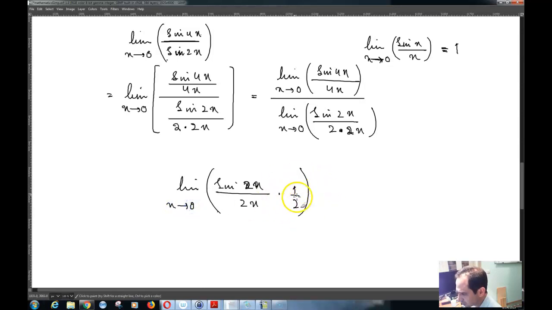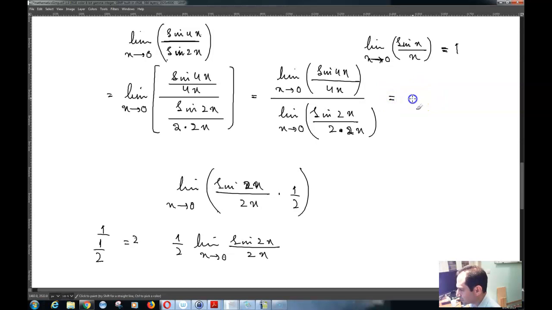This is a constant, you can take it out, meaning that you can write it as 1/2 the limit of sine 2x over 2x as x tends to 0. Now since this 1/2 is in the denominator, it's the same thing as 1 over 1/2. So 1 over 1/2 is equal to 2. So this becomes 2 and goes to the numerator.